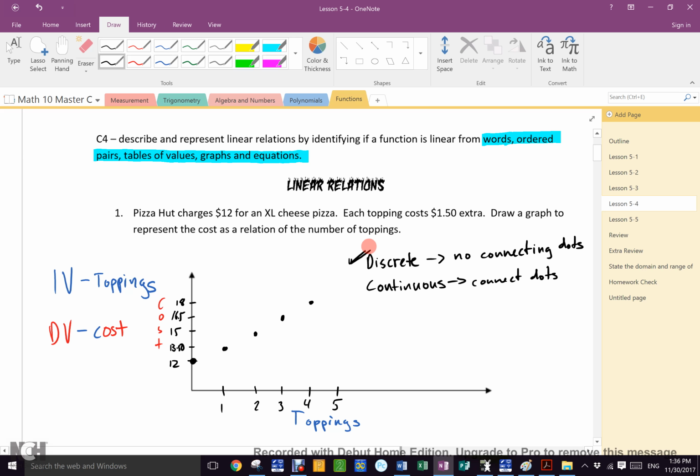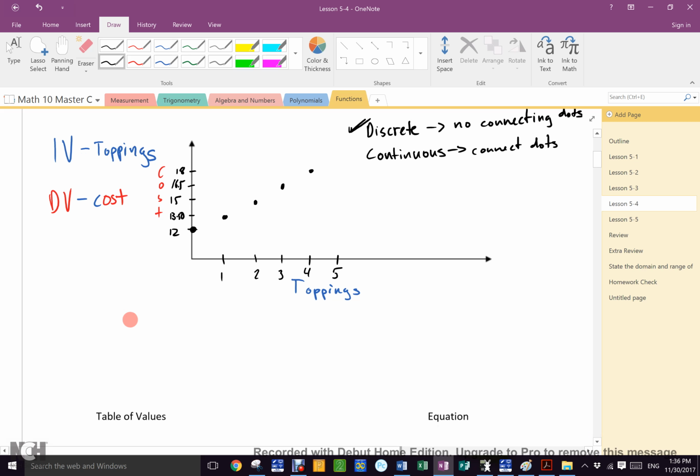Now we've covered words. Now we've covered graph. The next one, ordered pairs. Somebody please tell me, what are the ordered pairs of this relation? 0 and 12.